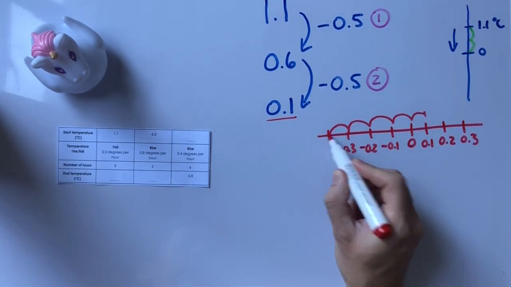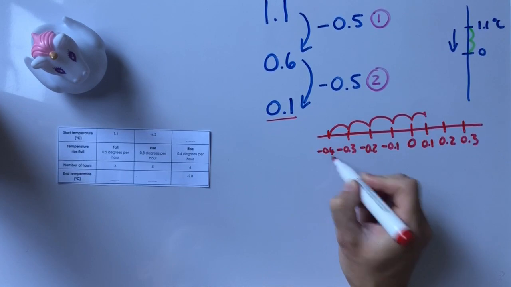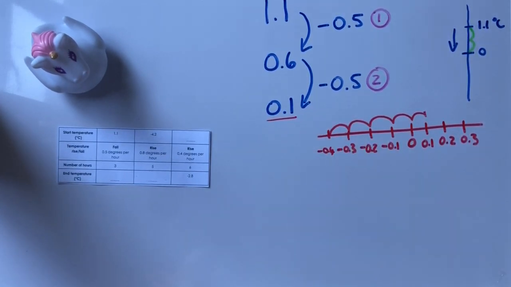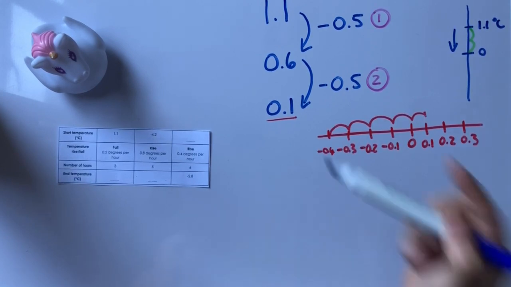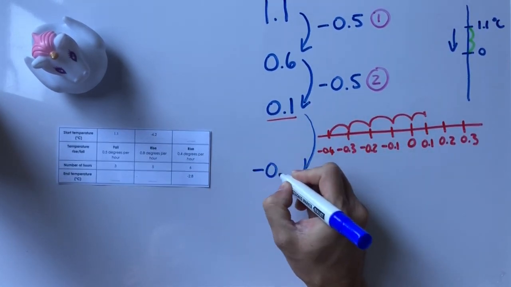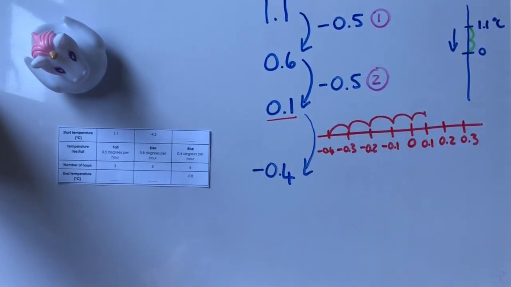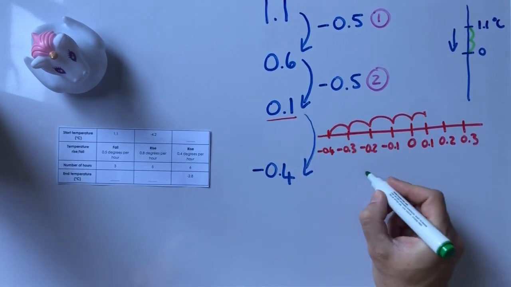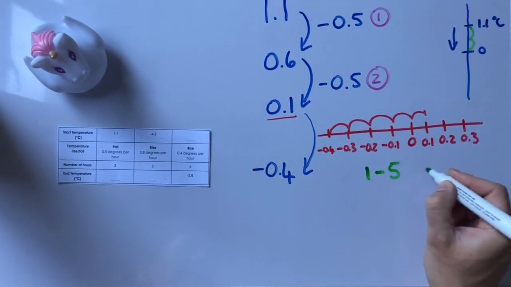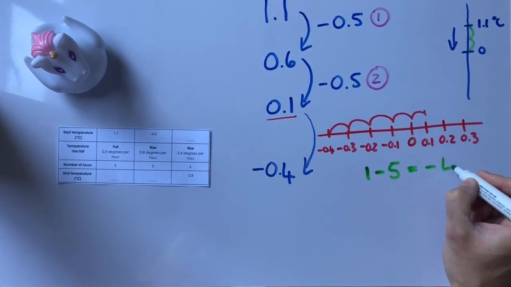If I were to make this longer, it would be 0.4. So I know the next one is going to be negative 0.4. So if I jump again, this would be negative 0.4. Another way to look at it is, I had 1, because this is 1, and I take away 5, minus 5, that will be negative 4.